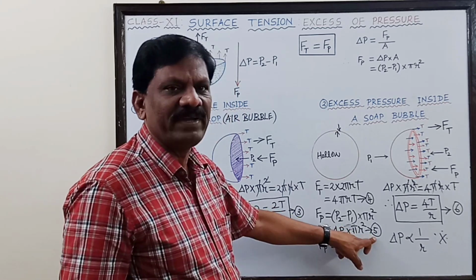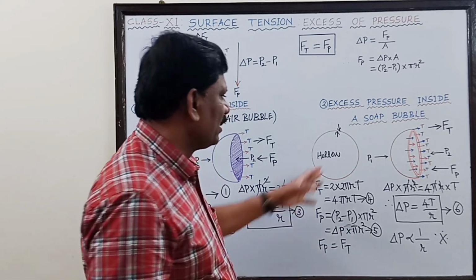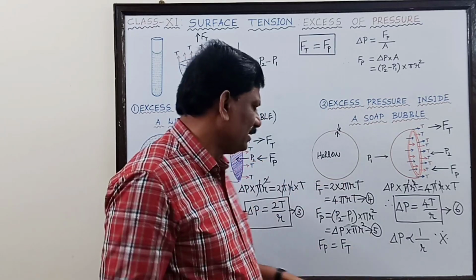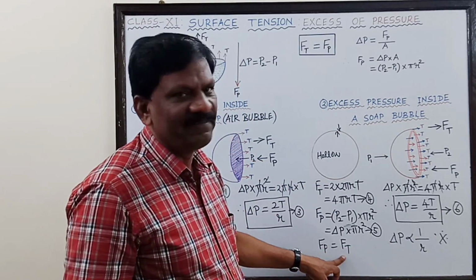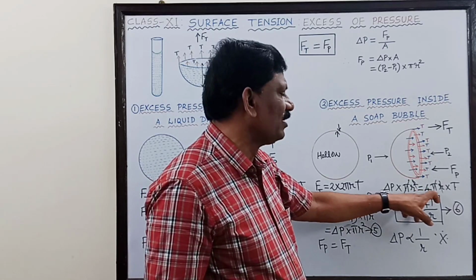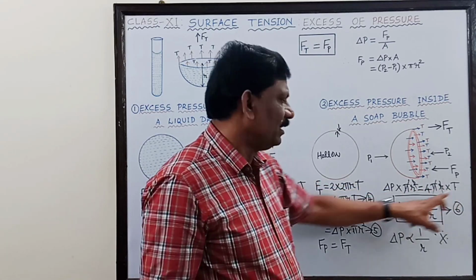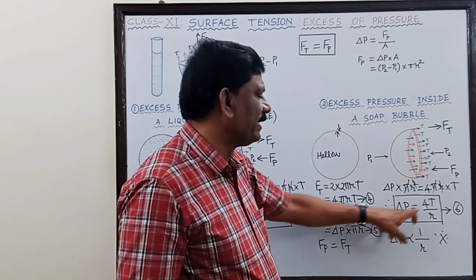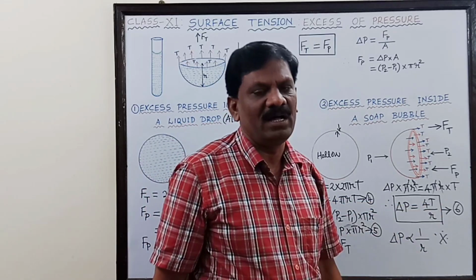This is equation 5. Here also at equilibrium, Fp must be equal to Ft. So when I substitute, delta P into pi r square is equal to 4 pi r into t. Reducing it, we get delta P equal to 4t by r.